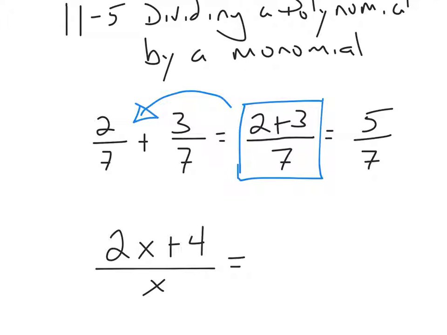We're going to turn it back into the two separate things that were added together to get what we have. Which means that what I'm doing is I am going to have 2x over x plus 4 over x. Does that make sense? Yes. Does everyone see how we got there?